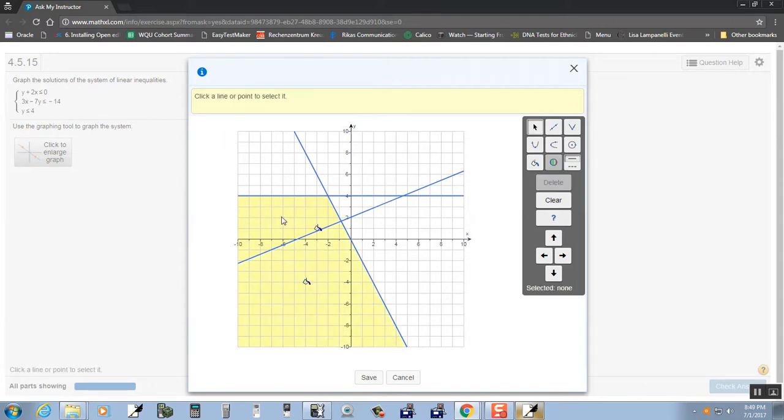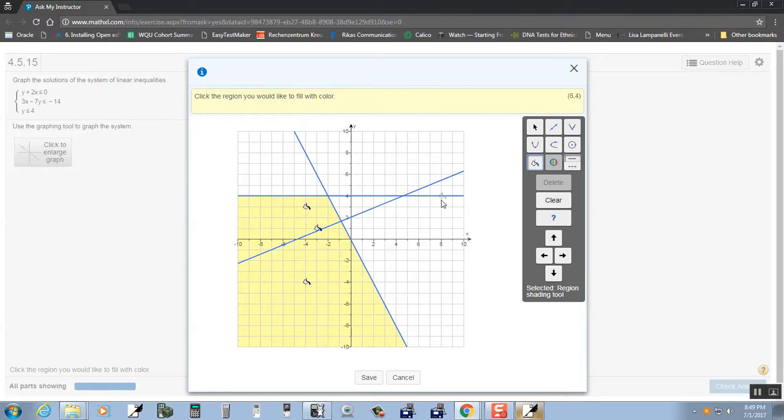Wonder how I take the shading off of this. Well, I see a problem here. This right down here would be your answer. But I don't know how to do the shading.